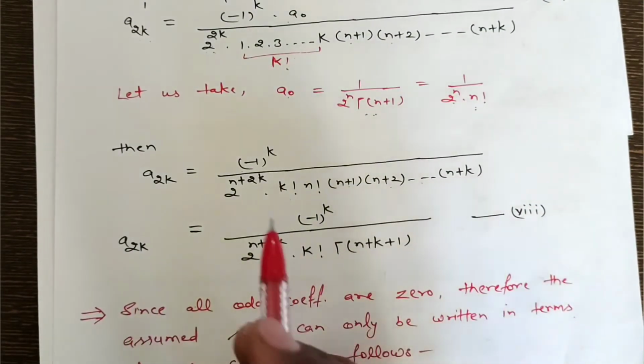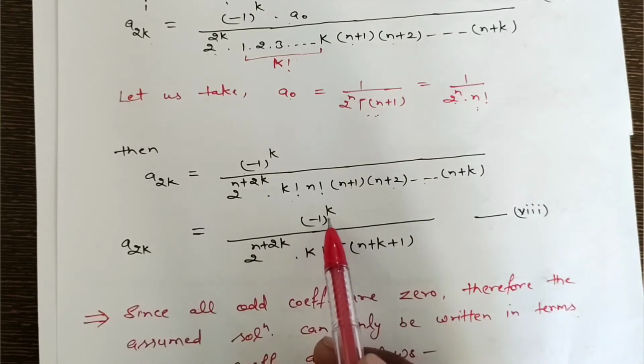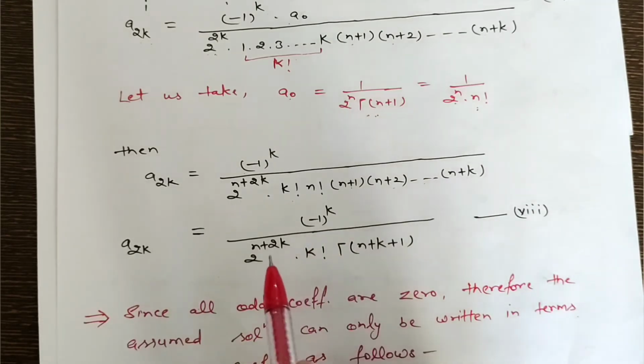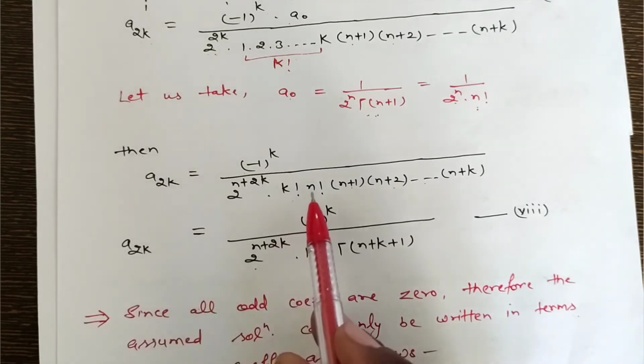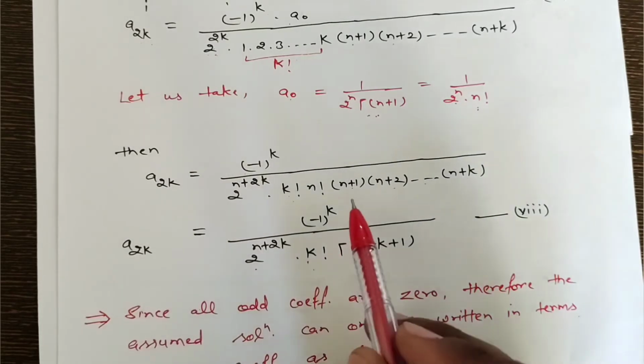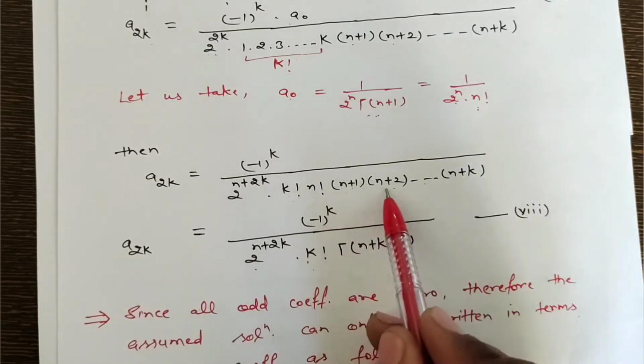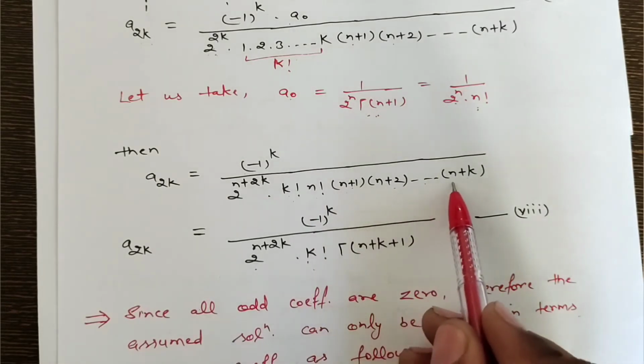So look at this term in the denominator. In the numerator there is minus 1 raised to power k, but in the denominator there is 2 raised to power n plus 2k. We can write this as it is. There is k factorial as it is. And now look at these terms: n factorial, n plus 1, n plus 2, n plus 3, n plus 4 up to n plus k.